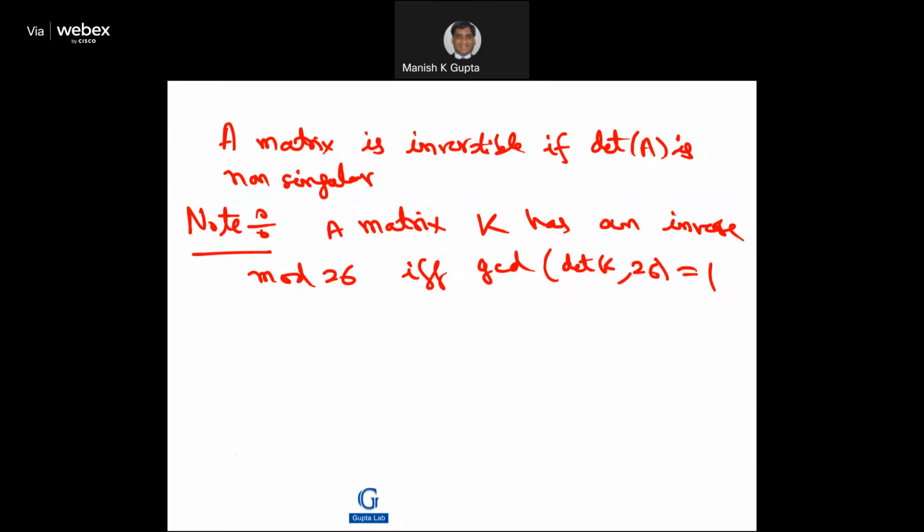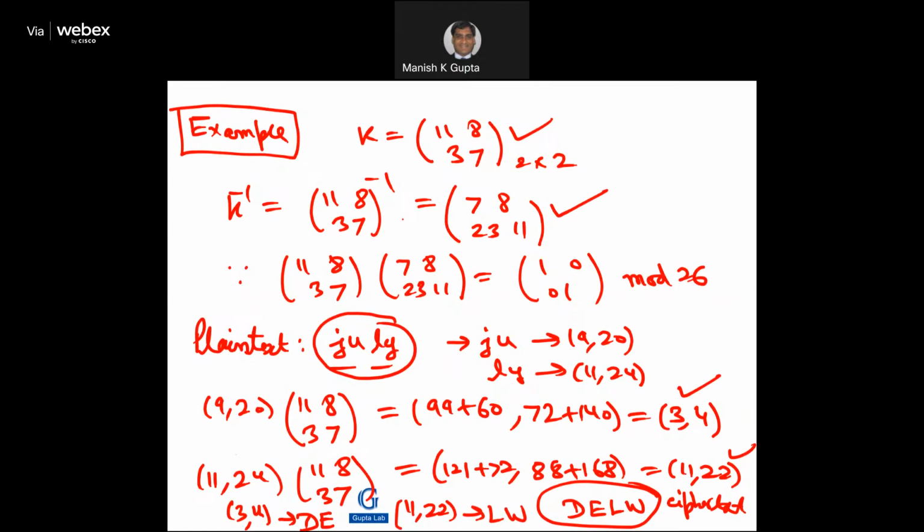Unit means invertible, so that number should be invertible. That condition comes automatically, and that's why this GCD condition is there. It's a very interesting condition. When we make this Hill cipher, we'll put this condition, otherwise we cannot use it, because the inverse will not be there and then the crypto system will be of no use. This is an important thing when we make the crypto system.